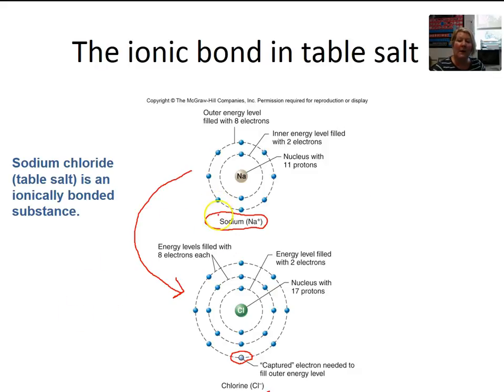And so this is what has occurred. Sodium loses its 1 electron, so the next shell in is full. Chlorine had 7, picks up that electron. It now has an outer shell that is full. And what holds the sodium and the chlorine together is the positive and negative charges of those ions. That is the ionic bond.